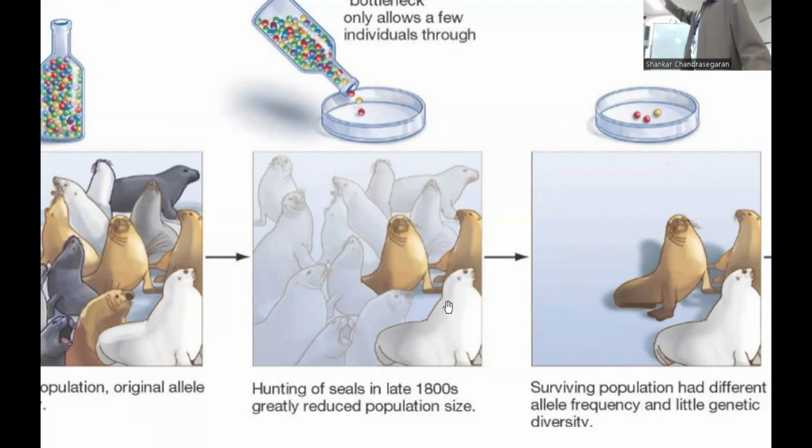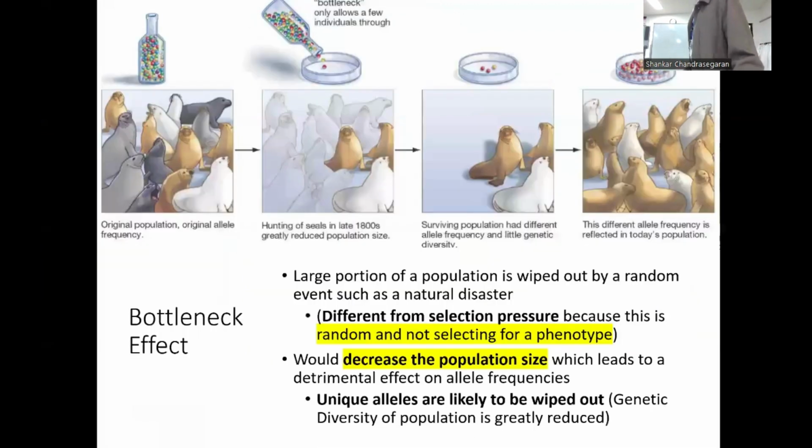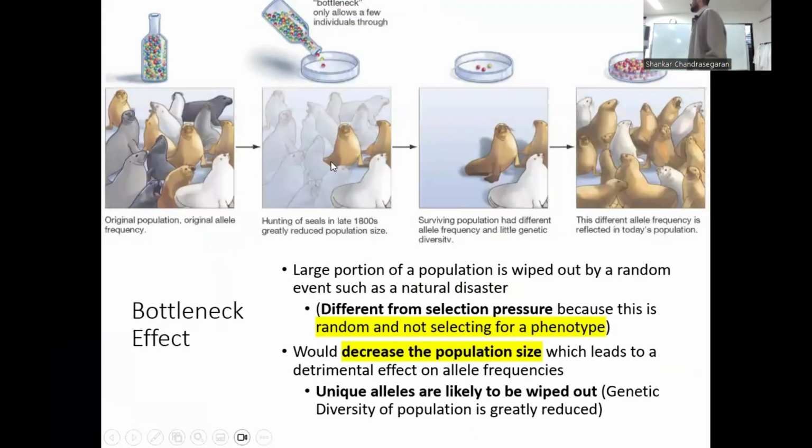It's just suddenly the population is being wiped out for no reason, leaving behind only a few individuals, and they are going to impact the allele frequency beyond that. So you can see this, right? Think about it in terms of the seals that were hunted in the 1800s.